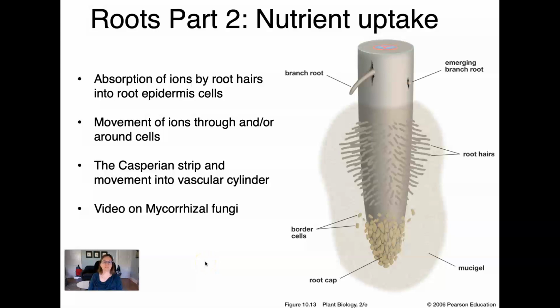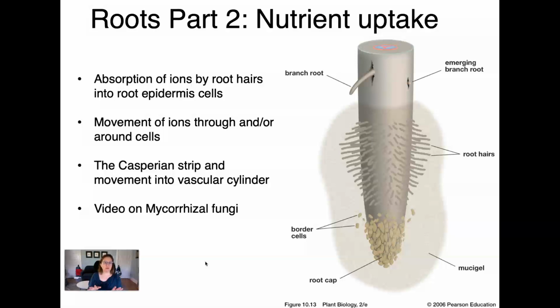I'm still here in my little office and I am doing my best to use this computer to talk about root function, specifically how roots uptake nutrients in the form of ionic substances from the soil.